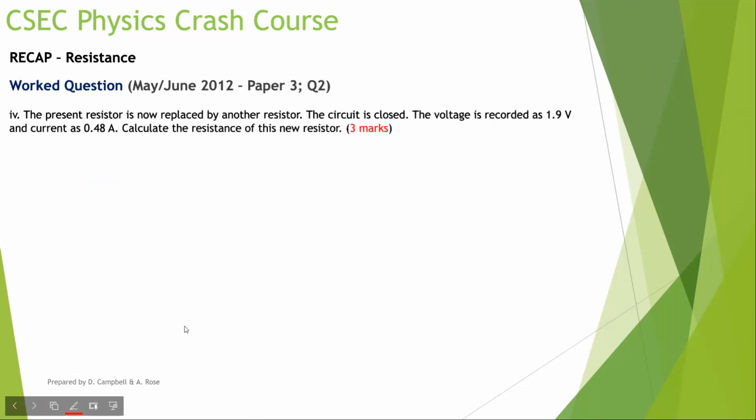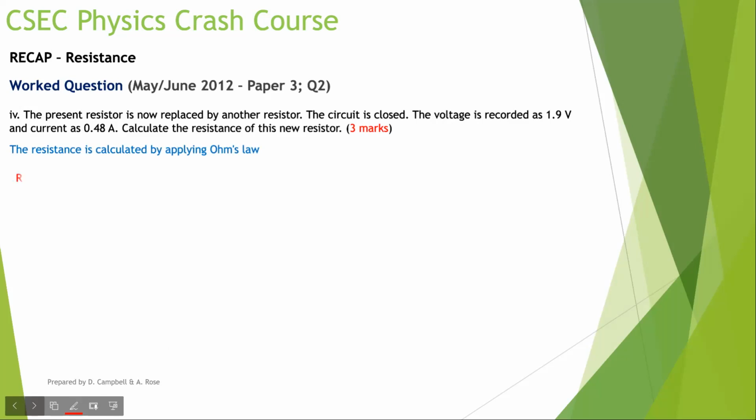Okay. Now, if the present resistor is replaced by another resistor and the circuit is closed, the voltage is now recorded as 1.9 volts and the current as 0.48 amperes. You're now asked to calculate the resistance of this new resistor. So we have our voltage and we have our current, so we can use Ohm's law to calculate the resistance.